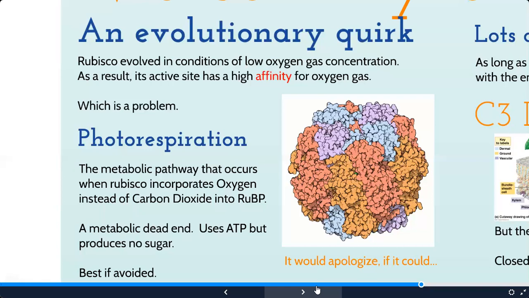It's very wasteful because it just stops the cycle. It uses the ATP up, doesn't make any sugar, but we still get just enough sugar that plants still have a competitive advantage. They've survived to reproduce and pass their genes on, so that's what we have. It just is. It's an evolutionary byproduct.